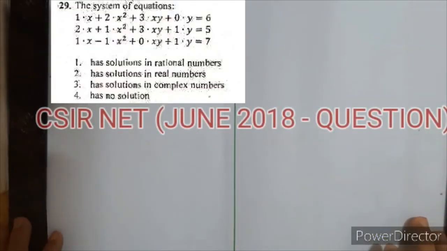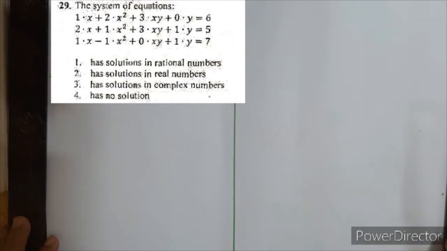Here the question is: the system of equations 1 into x plus 2 into x square plus 3xy plus 0 into y equal to 6, 2x plus x square plus 3xy plus y equal to 5, x minus x square plus 0xy plus y equal to 7. And the options are: has solutions in rational numbers, has solutions in real numbers, has solutions in complex numbers, has no solution.